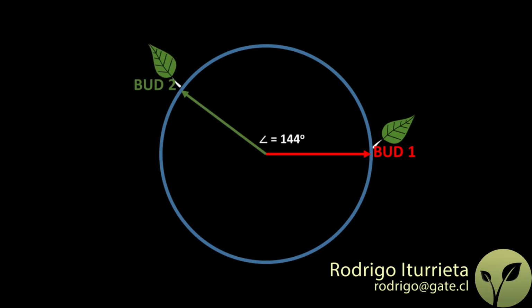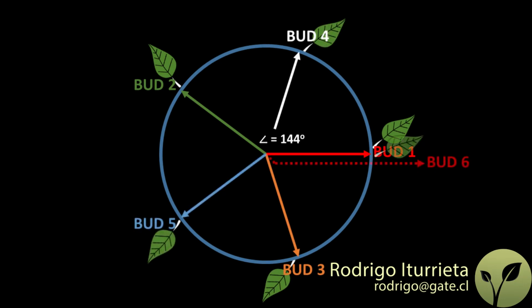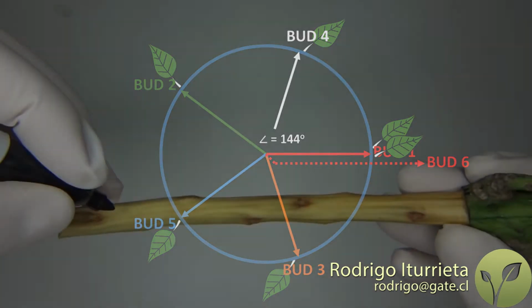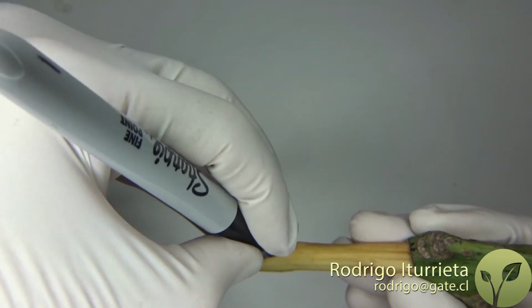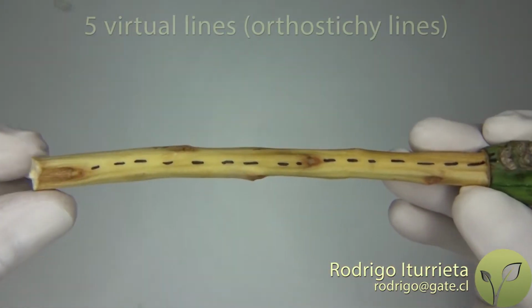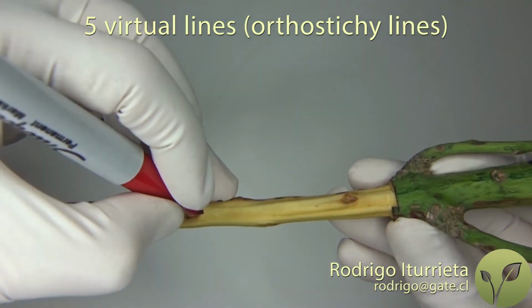Later, you will see bud number 2 at 144 degrees from the first one. Later on, you will see buds 3, 4, and 5. And eventually the new bud number 6 will virtually align with bud number 1. It's just above it now. This organ pattern is a very common one and generates a spiral distribution around the shoot.